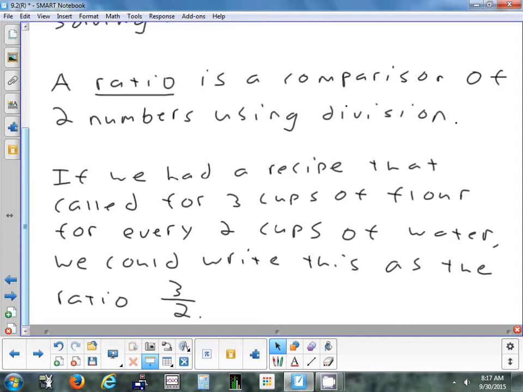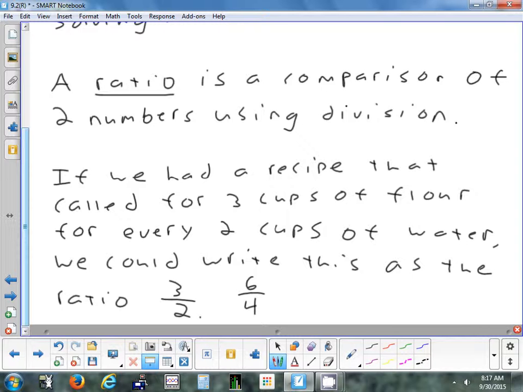What this allows us to do is, let's say you wanted to make a bigger batch. You want to double the number of cookies you're making, or double the number of loaves of bread. Well, you could also do 6 to 4. If you double how many cups of flour you use, and double how many cups of water you use, you could make a bigger batch.